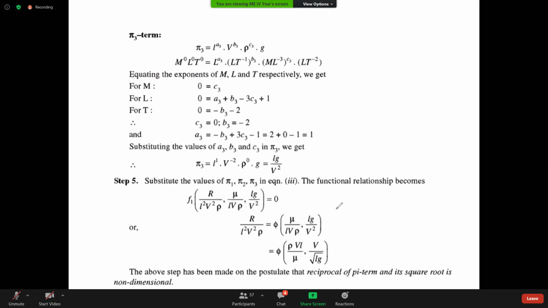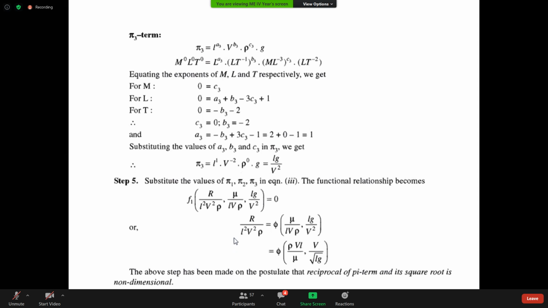For example, R is equal to L square V square into rho. You show like this only. Then you have to cross check it. Because, for example, he has given some variables and he is asking you to calculate some equation with respect to some other variables. Understood? Yes, sir.